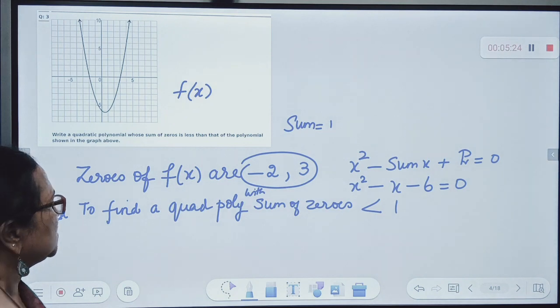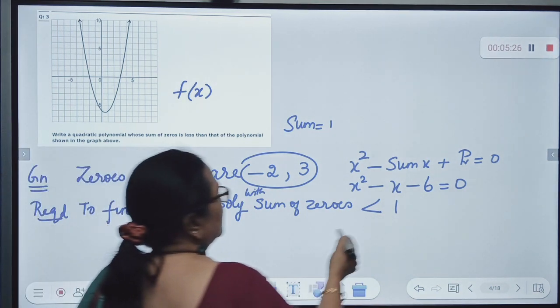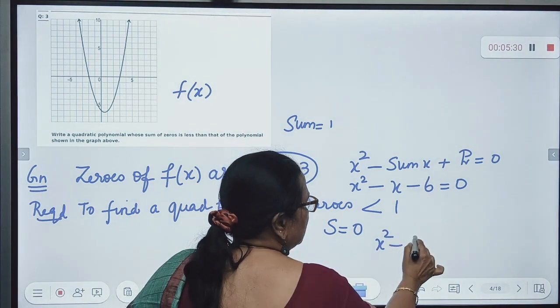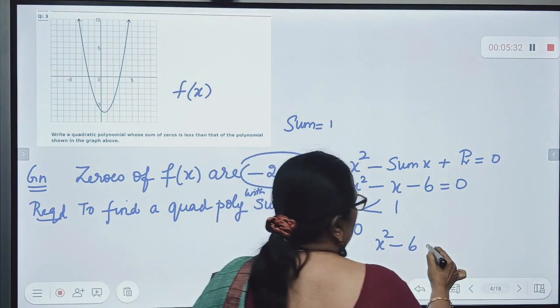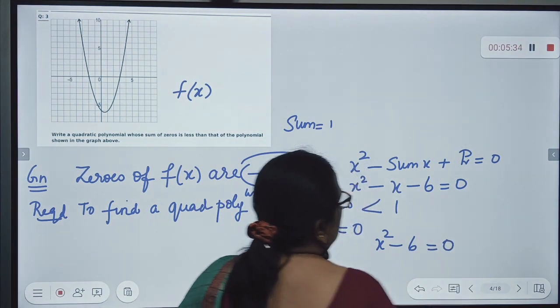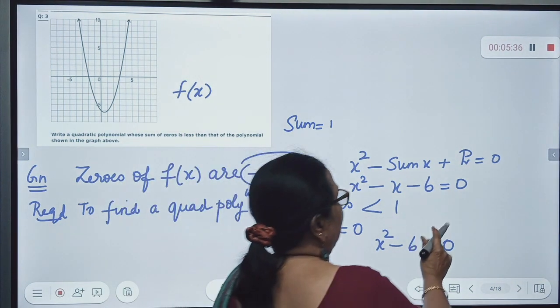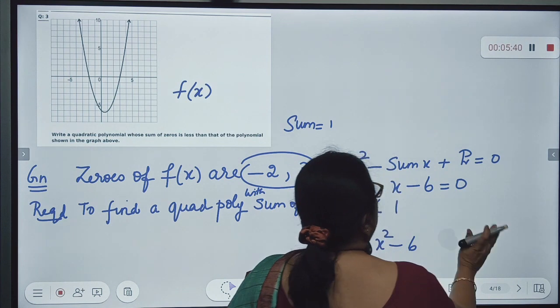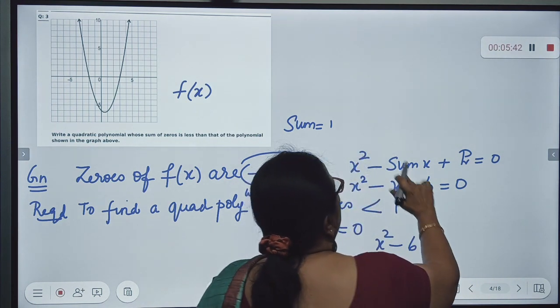I can give many such examples. Suppose I take the sum to be 0. Then x square minus 6 equal to 0 itself is a polynomial. I mean, when I write equal to 0, it becomes an equation. If I just want a polynomial, it is x square minus 6. Here also I have an equation.